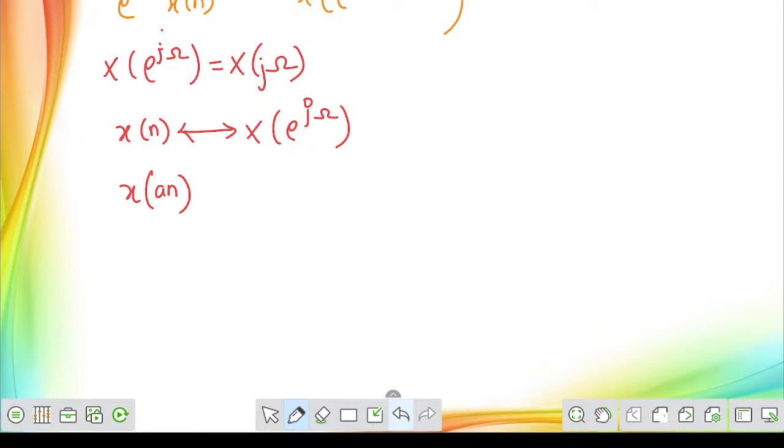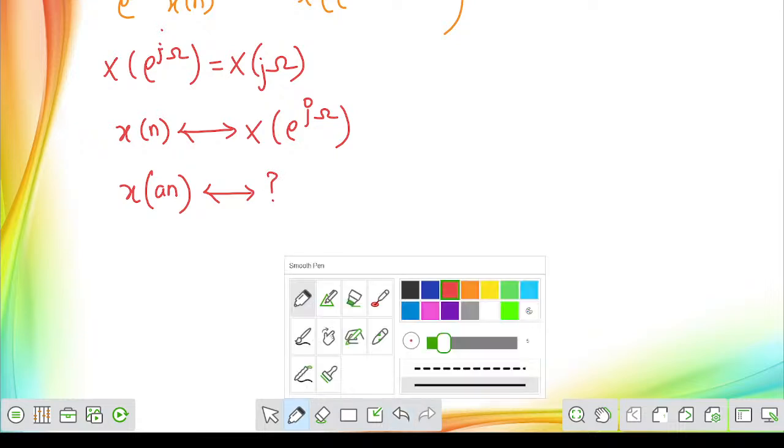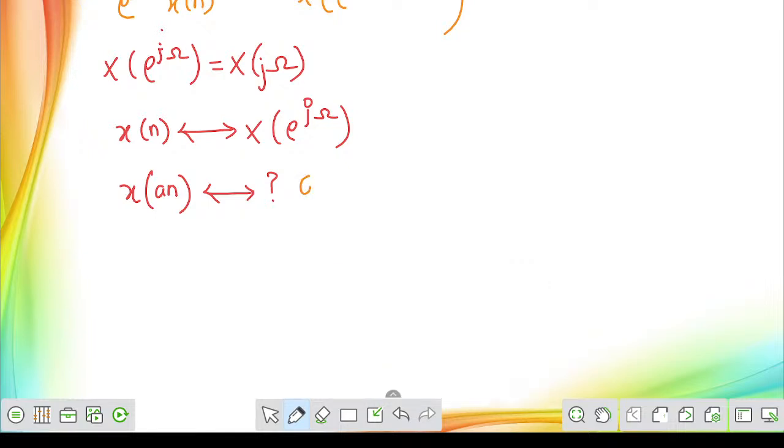When we are observing expansion or compression in the discrete domain, we have to understand one important thing. The other most important thing I must observe here is that when we are compressing or expanding a sequence in the discrete domain, what we have to keep in mind is that only integer values are allowed.